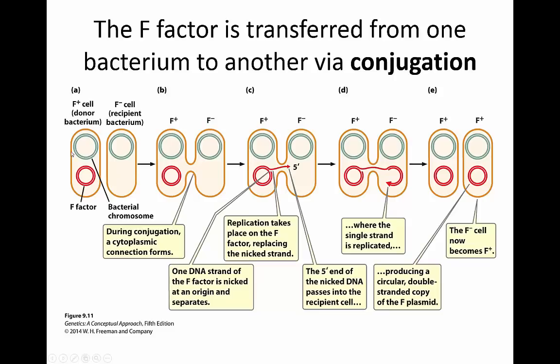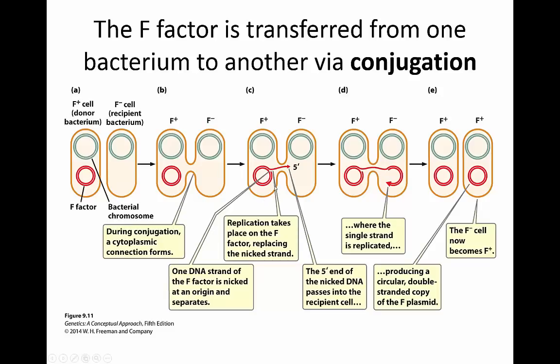And this one with the F factor can form a pilus, and that pilus will then contact an F minus cell, and once that contact is made, we can actually transfer the F factor from one cell to the next cell. And importantly, this process, conjugation, results in a copying of that F plasmid, so that you started out with one F plasmid and you end up with both cells having an F plasmid.